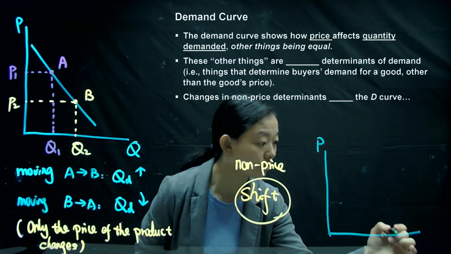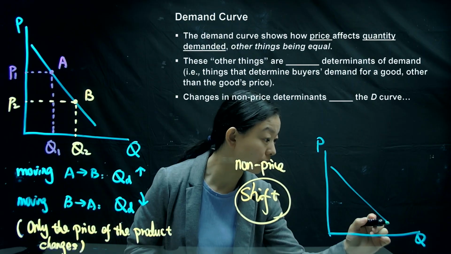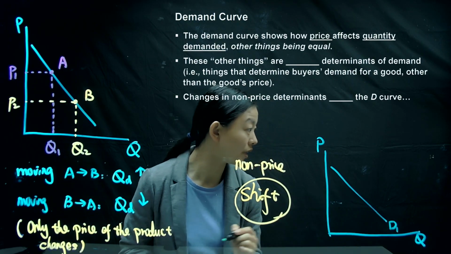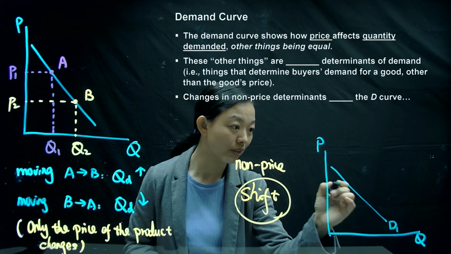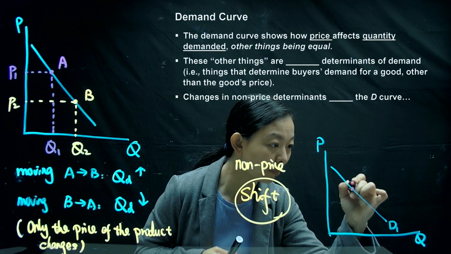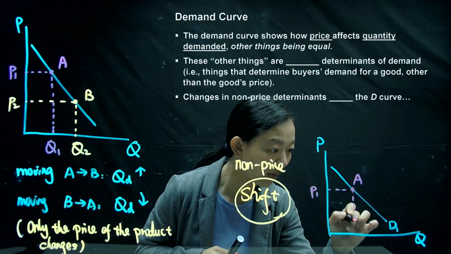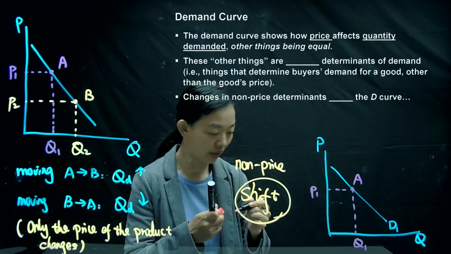Still, this is the price, this is the quantity, okay? This is the demand curve. I put D1, the demand curve for one product. And this could be a point A, with P1 and Q1.